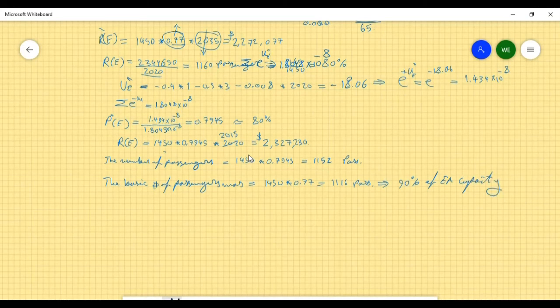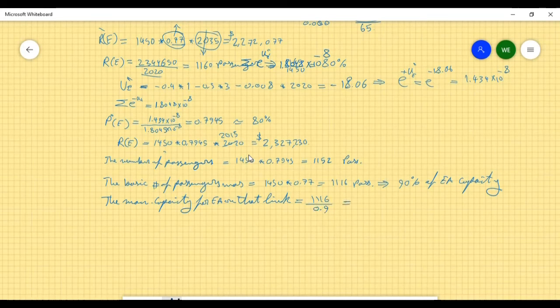So this means the maximum capacity for Eastern Airlines on that link will be 1116 divided by 0.9.